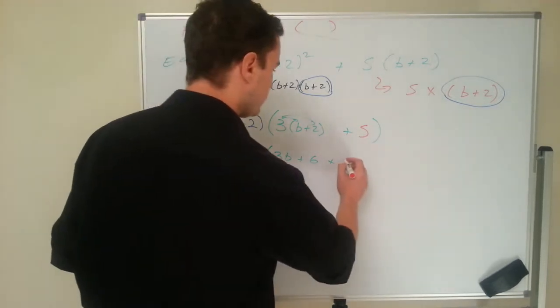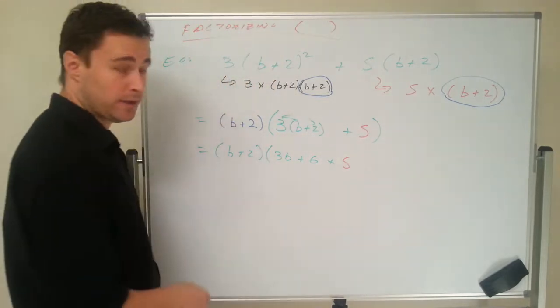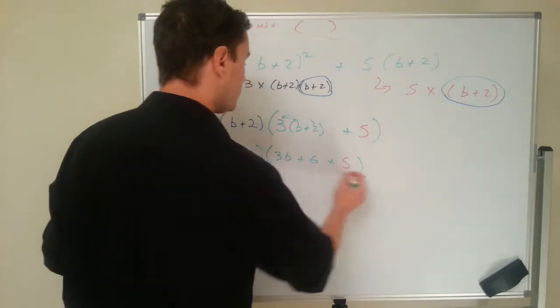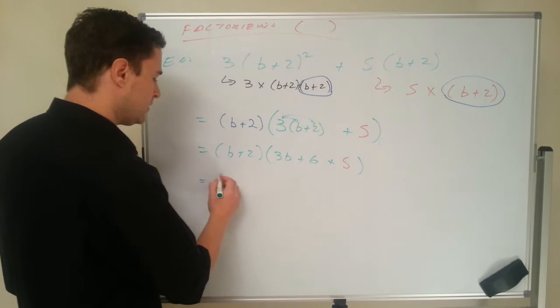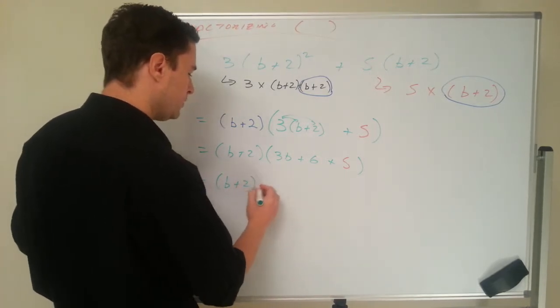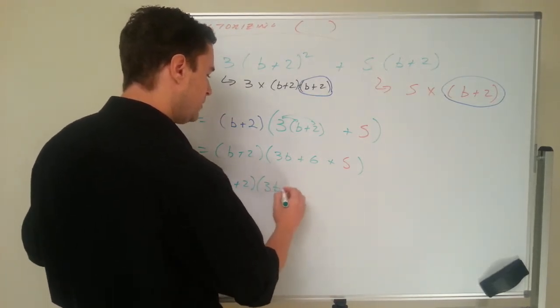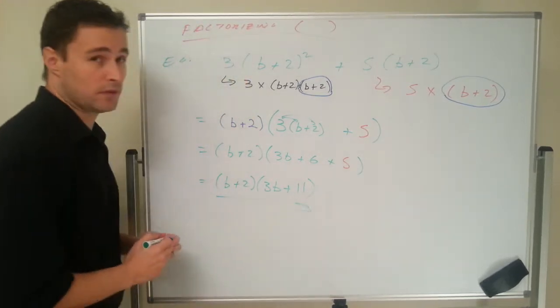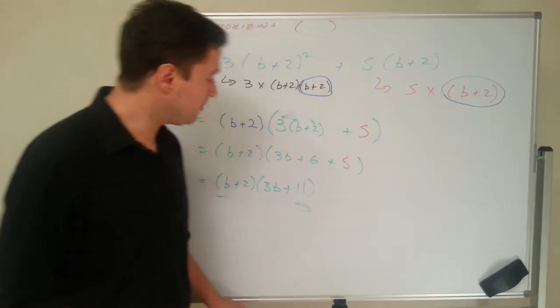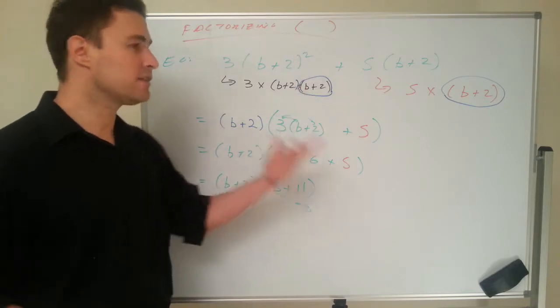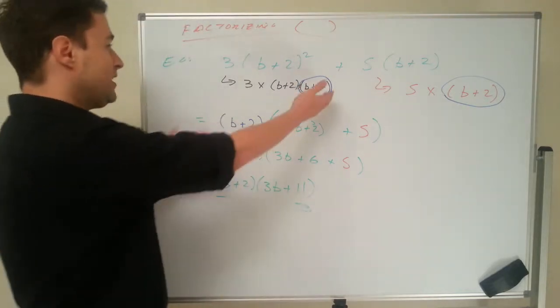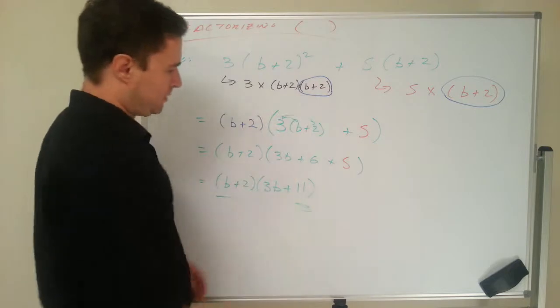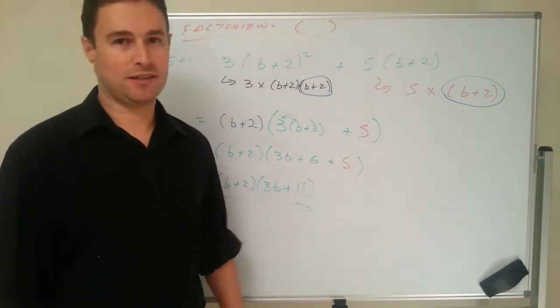And now I'm just going to tidy up the 6 and the 5. This is b plus 2 times by 3b plus 11. 6 plus 5 is 11. Now I'm done. Are you with me? So the only thing you have to remember is the concept of pulling out something that's absolutely the same, b plus 2, b plus 2, and then I just tidy up what's underneath here.